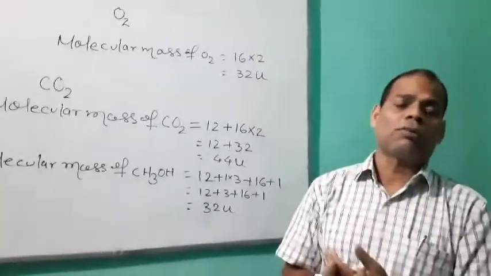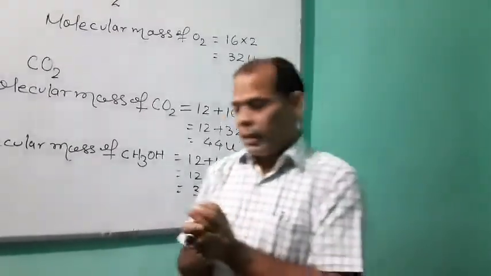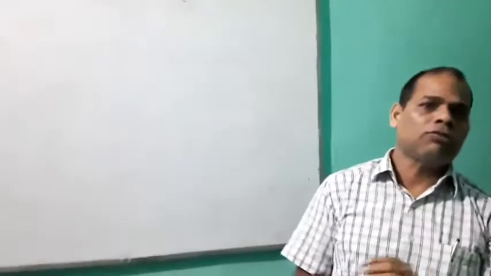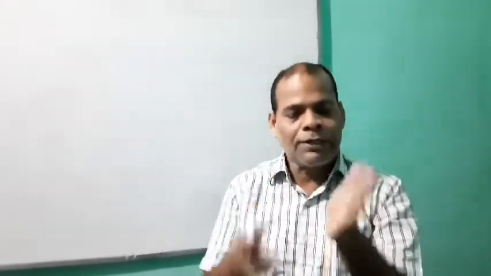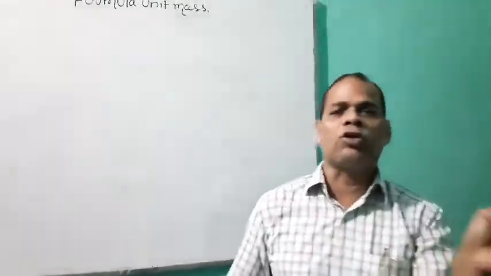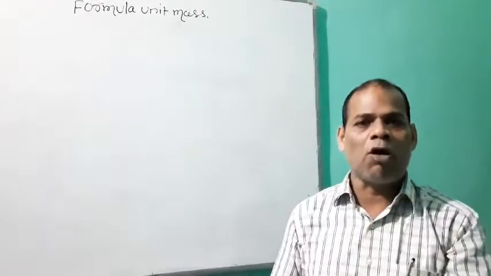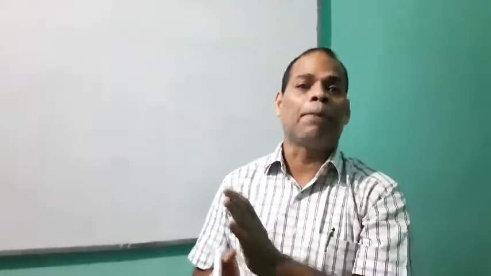Now let us talk about the formula unit mass. Formula unit mass is calculated in the same way as we calculate the molecular mass. It is the sum of the atomic masses of all the atoms present in a formula unit of a compound.